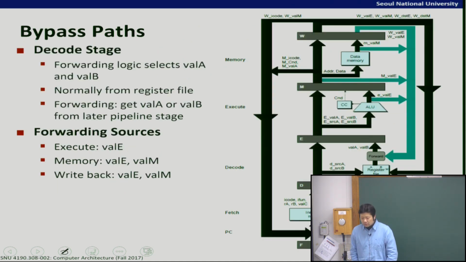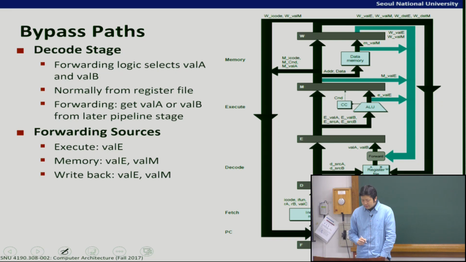So in order to support bypassing, support forwarding, we need to have a bypass path. We need to modify this pipeline path so that we can directly forward the value from W stage to D stage, or M stage to D stage, and E stage to D stage, and so on.